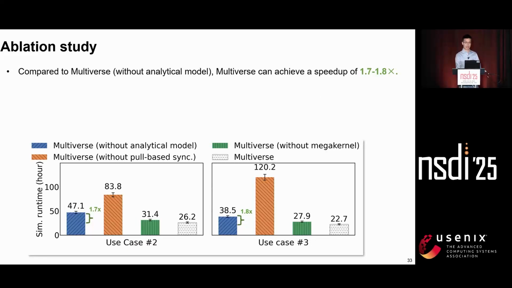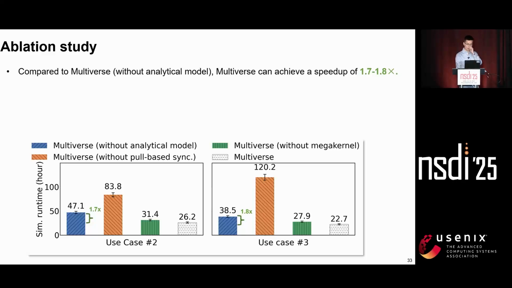The next is the ablation study. Using the analytical model, Multiverse can achieve a speedup of 1.7 to 1.8 times.